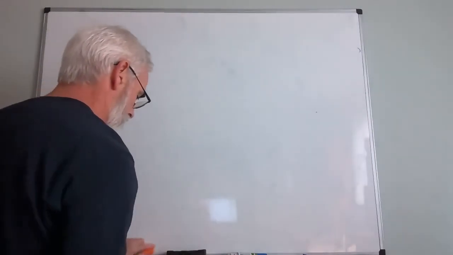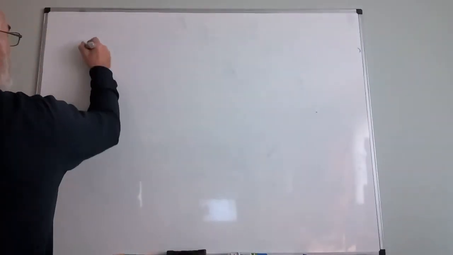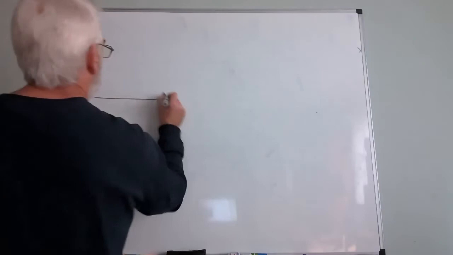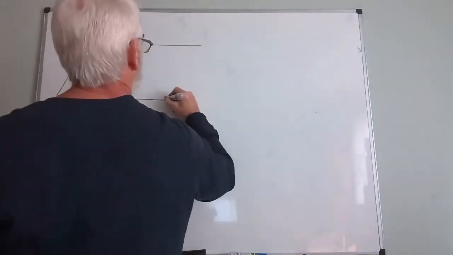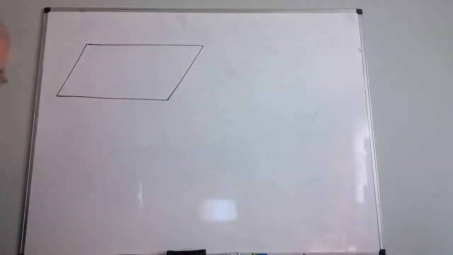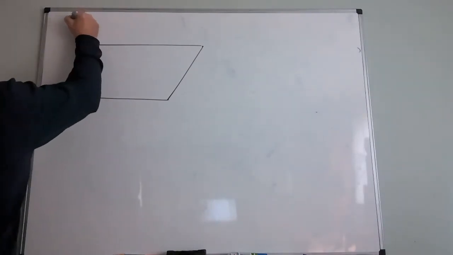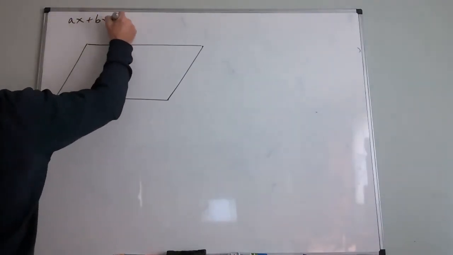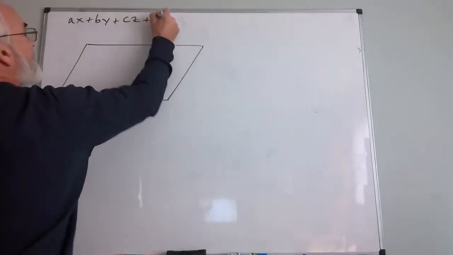Okay. So I'm going to draw a picture, and I want to figure out, if I can, again, this is my infinite plane. And let's say this plane has the equation ax plus by plus cz plus d equals 0.